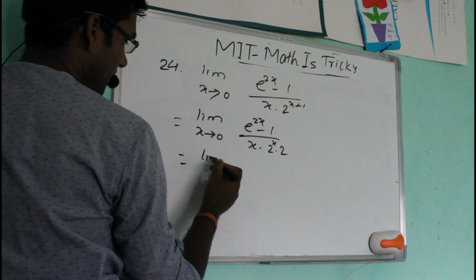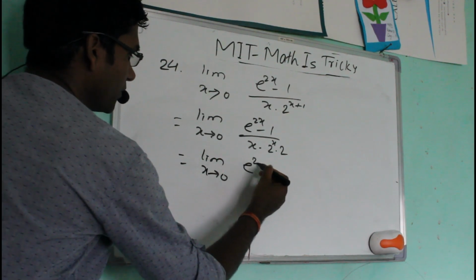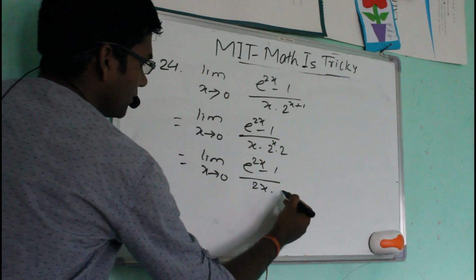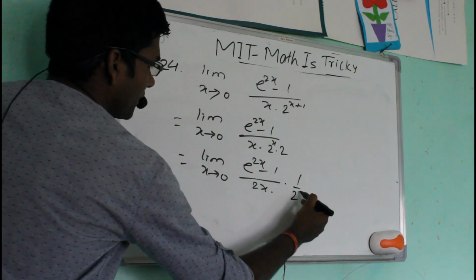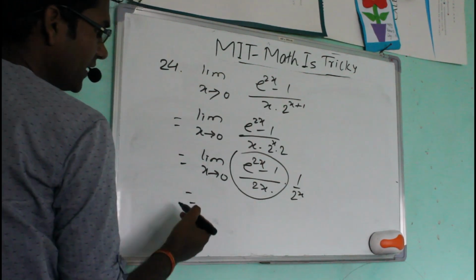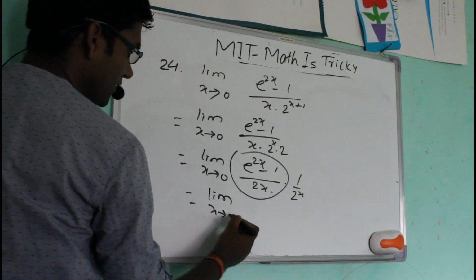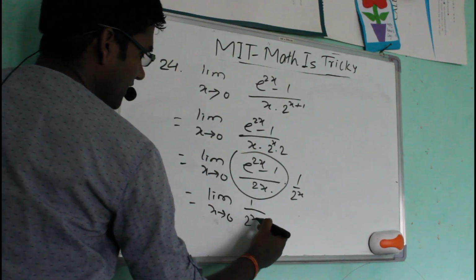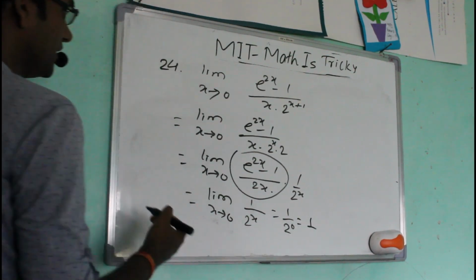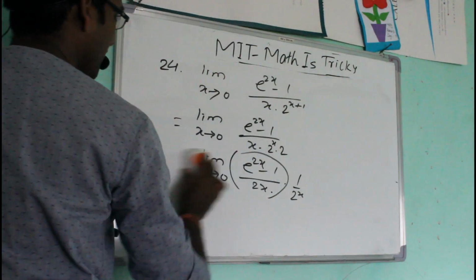So we can write limit x tends to 0, e power 2x minus 1 by, let's combine this here, 2x into 1 by 2 power x. So it is going to give 1, and so limit x tends to 0, 1 by 2 power x, that means 1 by 2 power 0, that is 1. This is your answer.